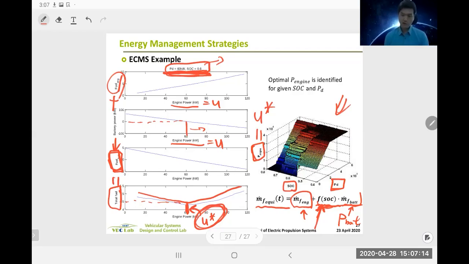So U star as a function of SOC and power demand. Now this is an optimal strategy, an optimal control policy based on ECMS. Is this clear? Any questions?